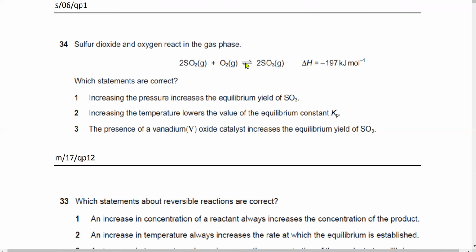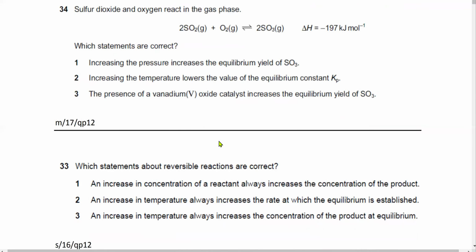If you add a catalyst, both the forward and the backward reactions are speeded up at almost the same rate. That's why the equilibrium stays wherever it was. So a catalyst doesn't really alter the position of the equilibrium.